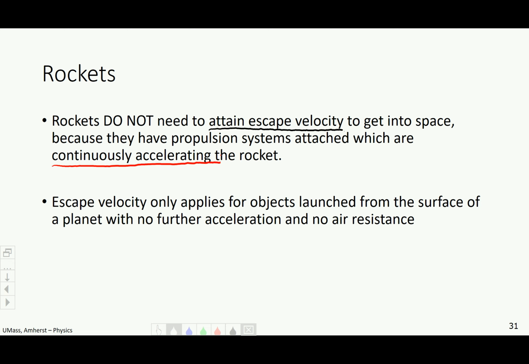Escape velocity is only something that applies when you're launching an object from the surface of a planet with no further acceleration and no air resistance. So if we had the Earth and there was no air and we wanted to get something away, that would be from right on the surface, we would need to use the escape velocity. But rockets don't work that way. They have rockets.